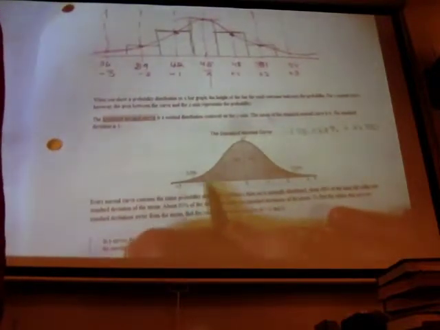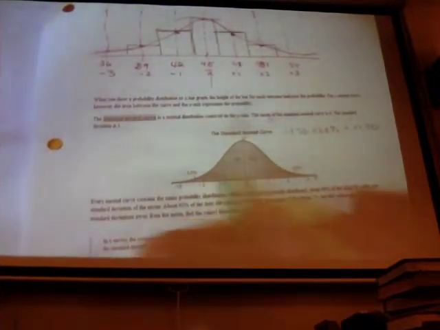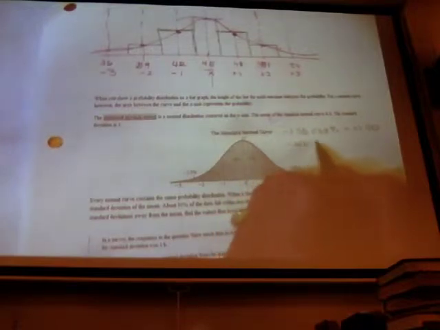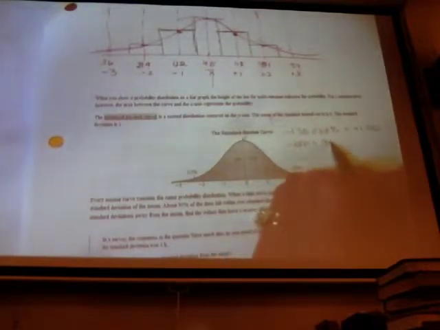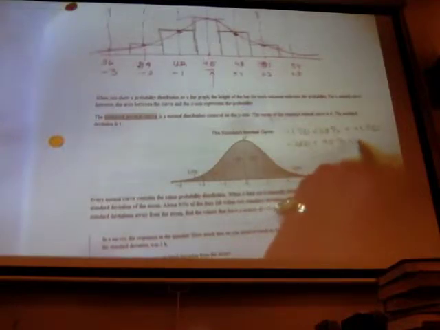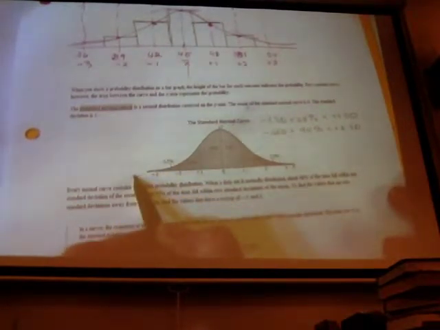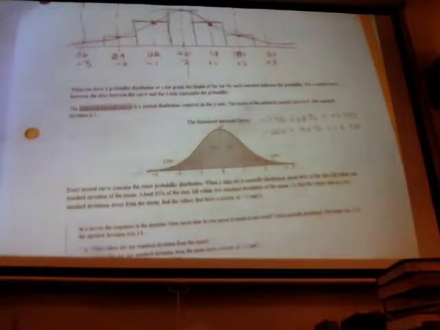Then between the two standard deviations, 95% of your population will fall. Then from there to the end is 2.5% on each side.